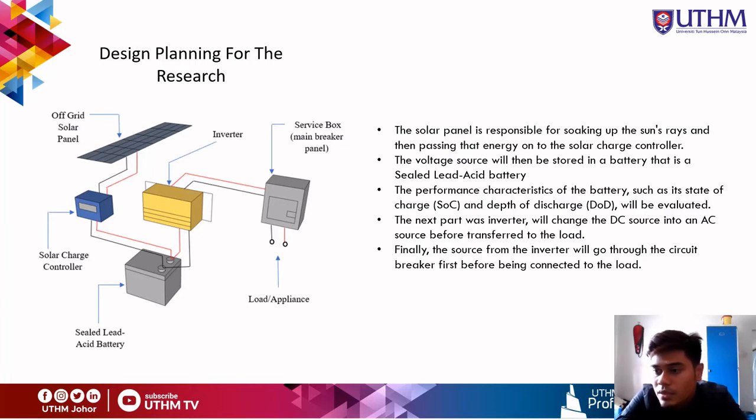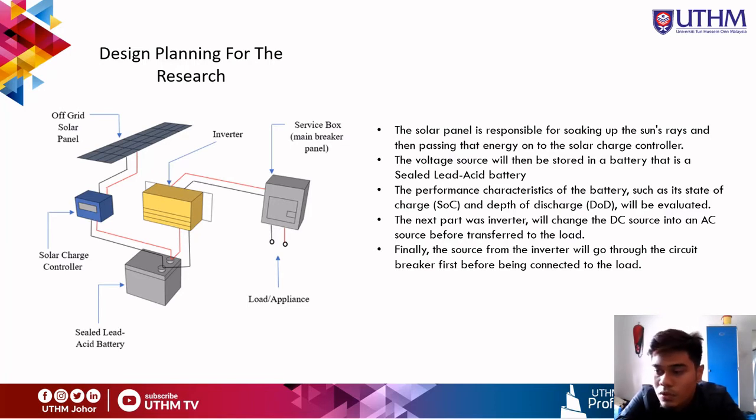The next part is the performance characteristic of the battery, such as its state of charge and depth of discharge, will be evaluated. The battery is the device that stores the voltage source in DC voltage. Before transfer to the load, the inverter will change the DC source into an AC source.